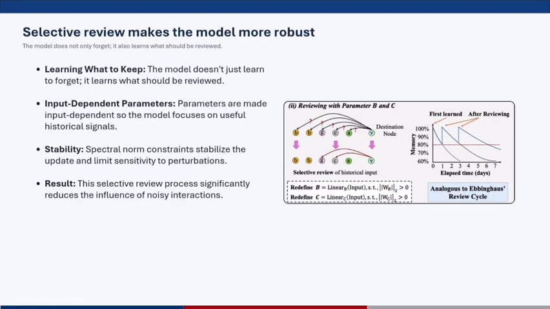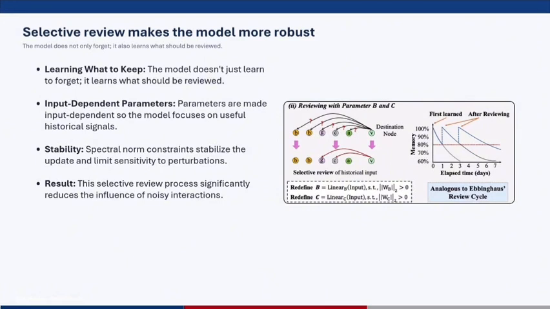The second innovation, as we discussed earlier, is selective review, which makes the model more robust. The model does not just learn to forget, but it also learns what it should review, and that's input dependence using the parameters B and C of the continuous state space modeling equation.